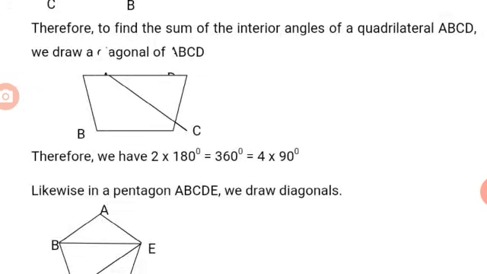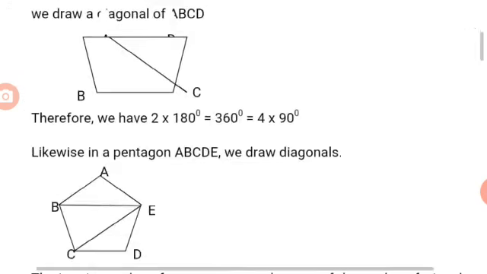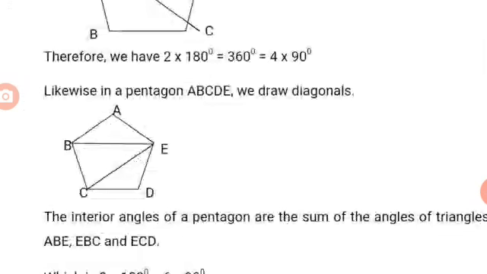Likewise, in a pentagon ABCDE, we draw diagonals. These are the diagonals. Is that clear? We draw a line from B to E, then from C to E. So in this case, we are going to have 3 triangles in a pentagon.